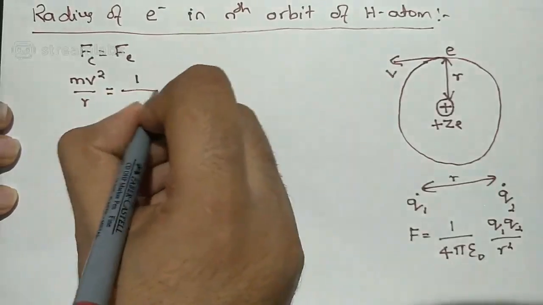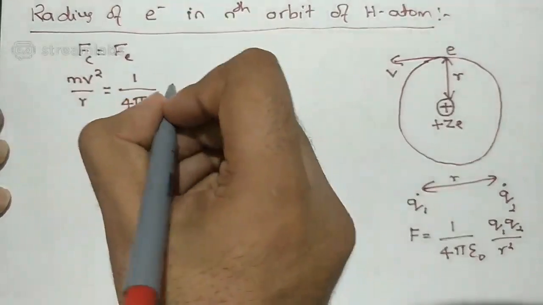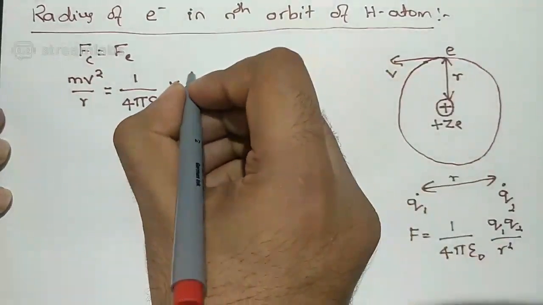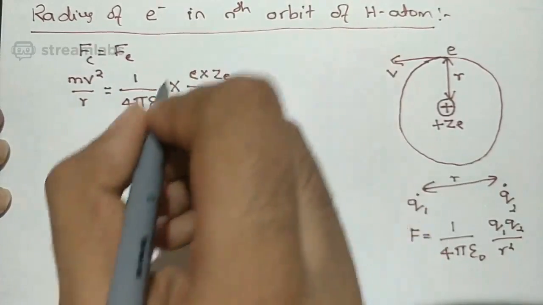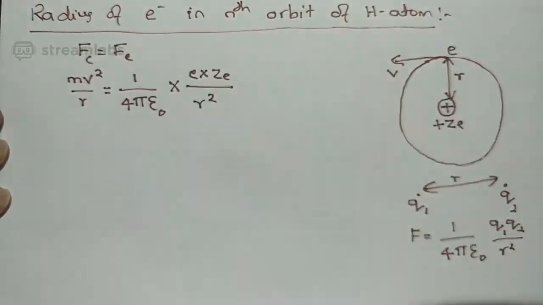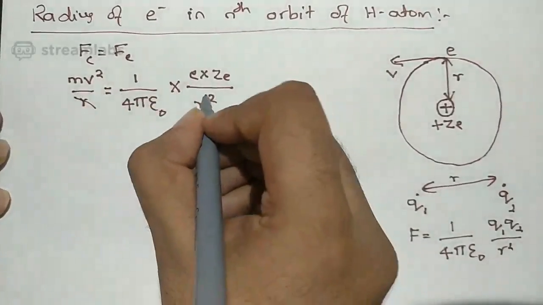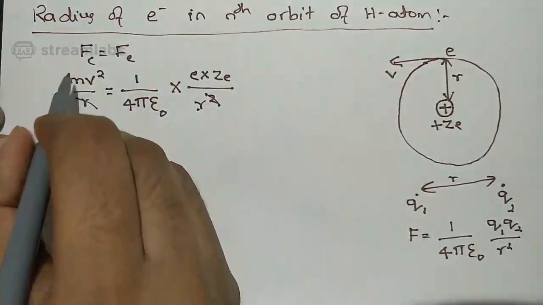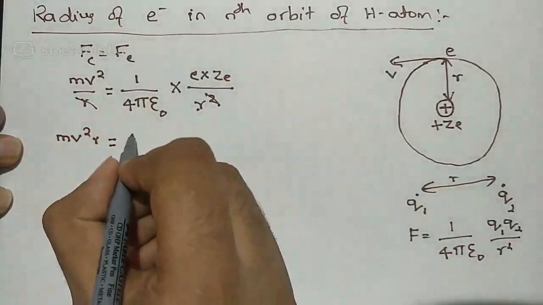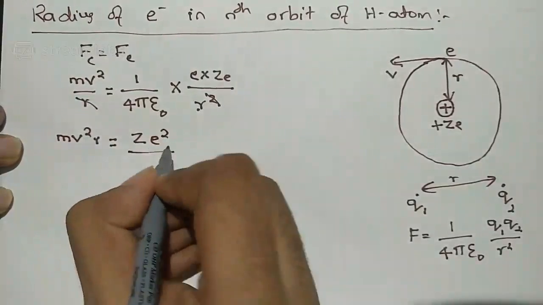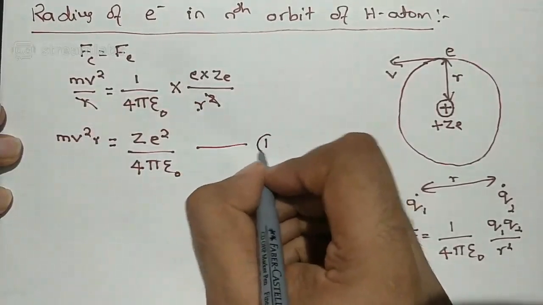What is the electrostatic force of attraction between the nucleus and the electron? 1 by 4 pi epsilon naught into the charge of the electron e into the charge of the nucleus Ze divided by the distance between them r square. So one r will cancel, and take this r to this side, then it becomes m v square r equal to Ze square divided by 4 pi epsilon naught. Let it be equation number 1.